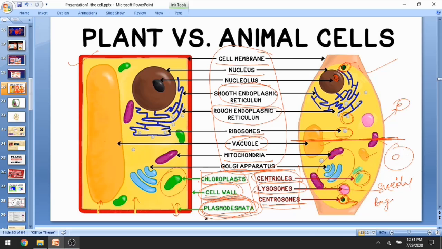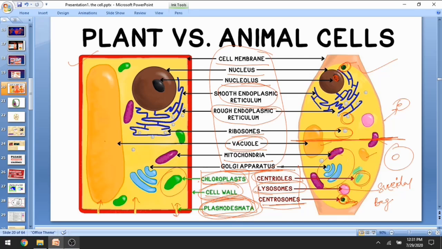So these are certain organelles which I have told you. Some of the organelles are common in both plants and animals, while a few of them are different in different cells. Plant cells have chloroplast, cell wall and plasmodesmata, while they are absent in animal cells.